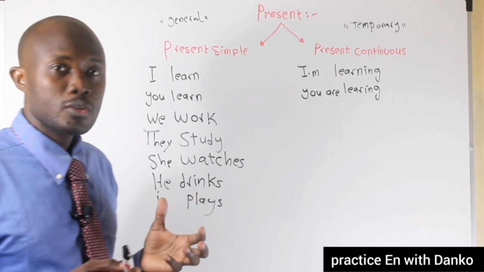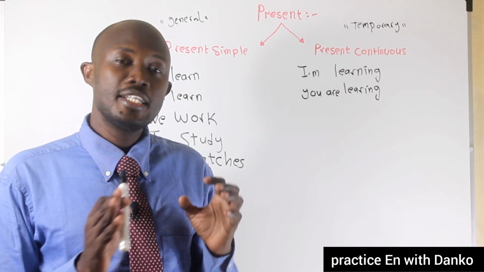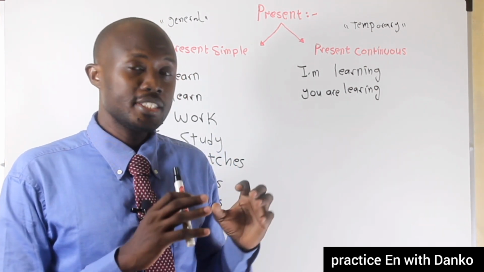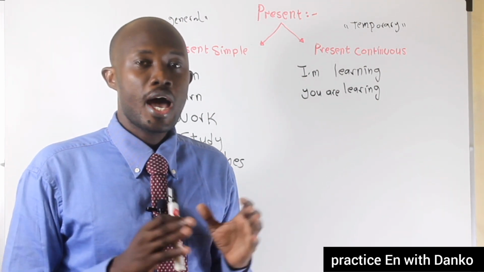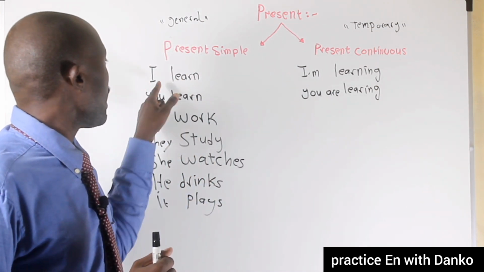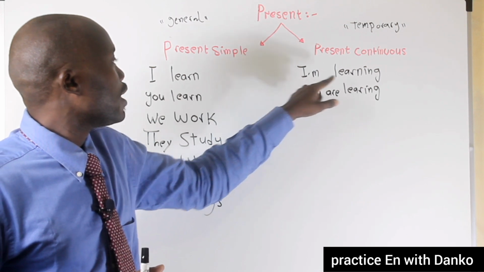What about the present continuous? In present continuous, it becomes a period of time. As you remember, we talked about the present continuous. It could be temporary, at short times. Here in the present simple, I learn. In present continuous it becomes I am learning.